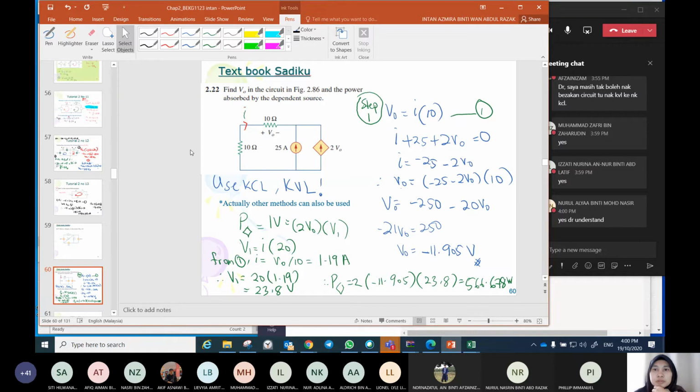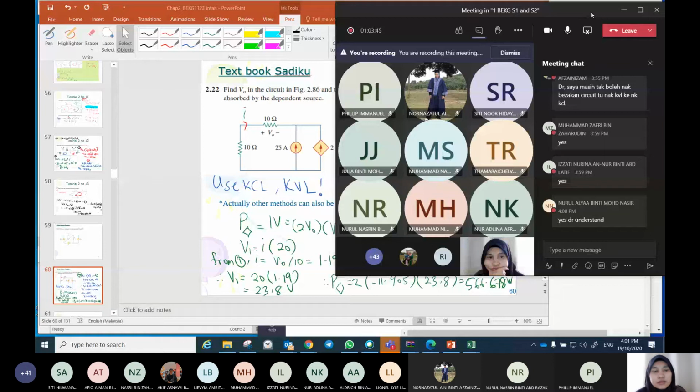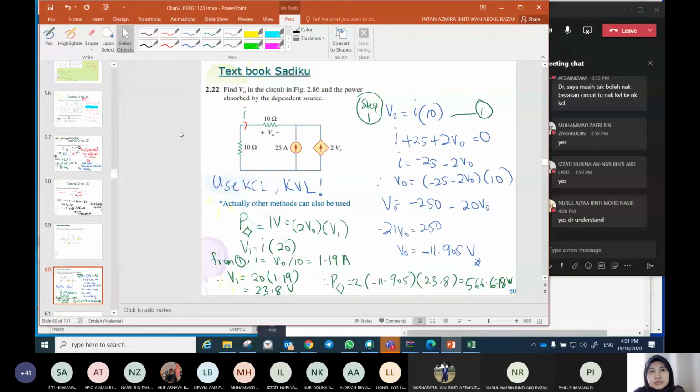Hidayah, are you with me? Tamarai. Which one is the dependent source here? Write your answer here. Everyone. Which one is dependent source?